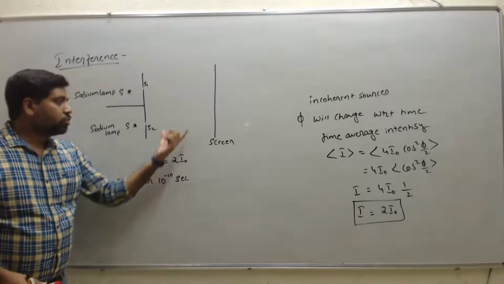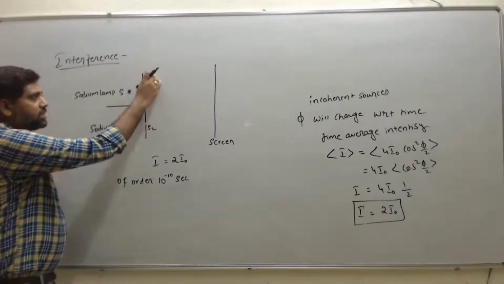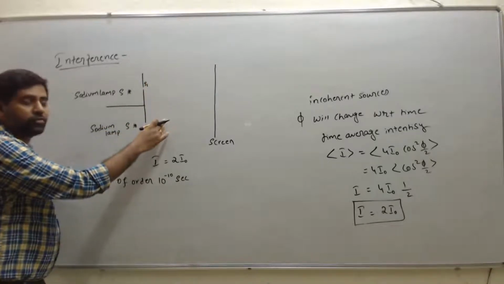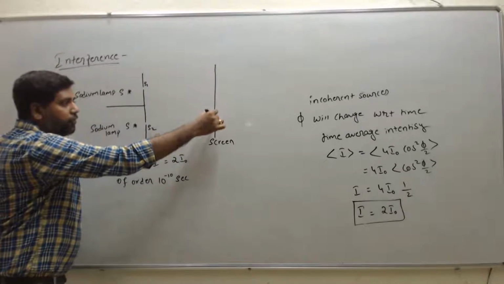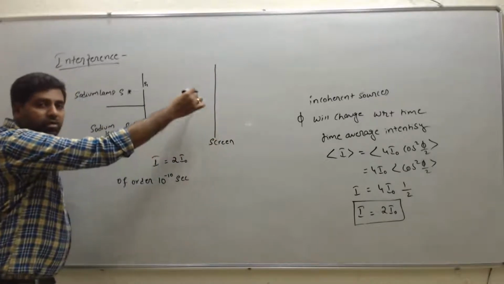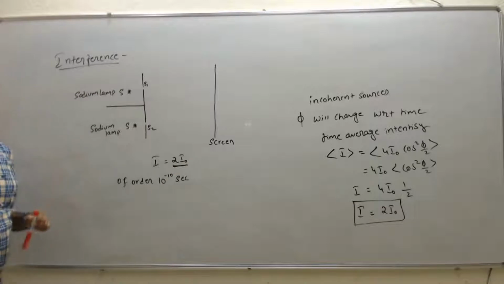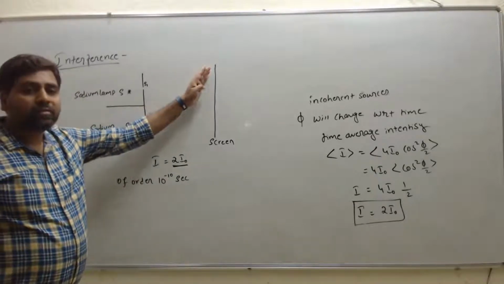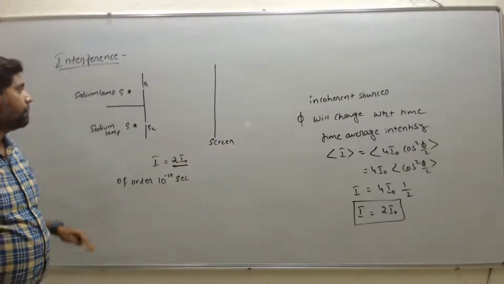That is due to the interference: the intensities coming from S1 and S2 are added up. Hence anywhere on the screen the intensity remains constant, that is the value of 2 I naught. Hence we do not find any interference pattern on the screen, right?